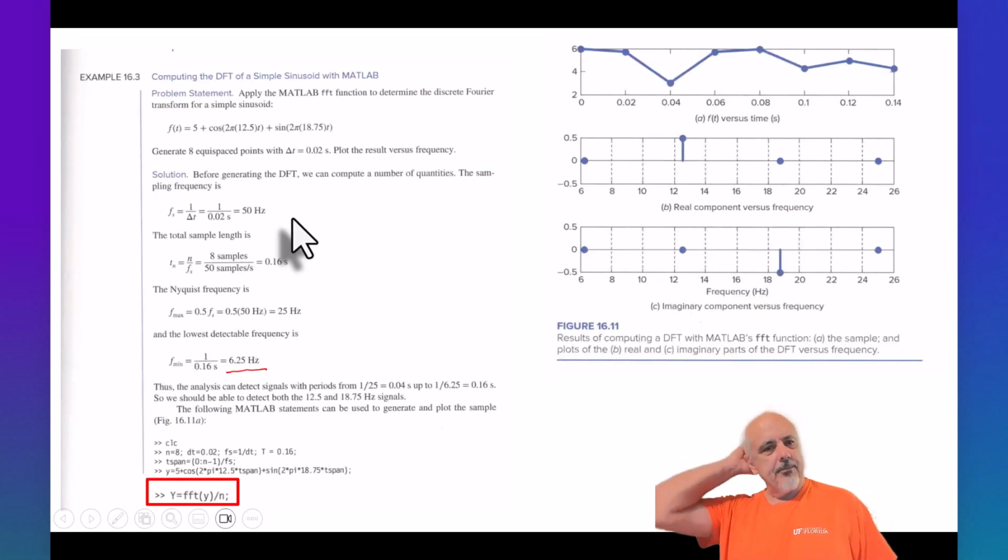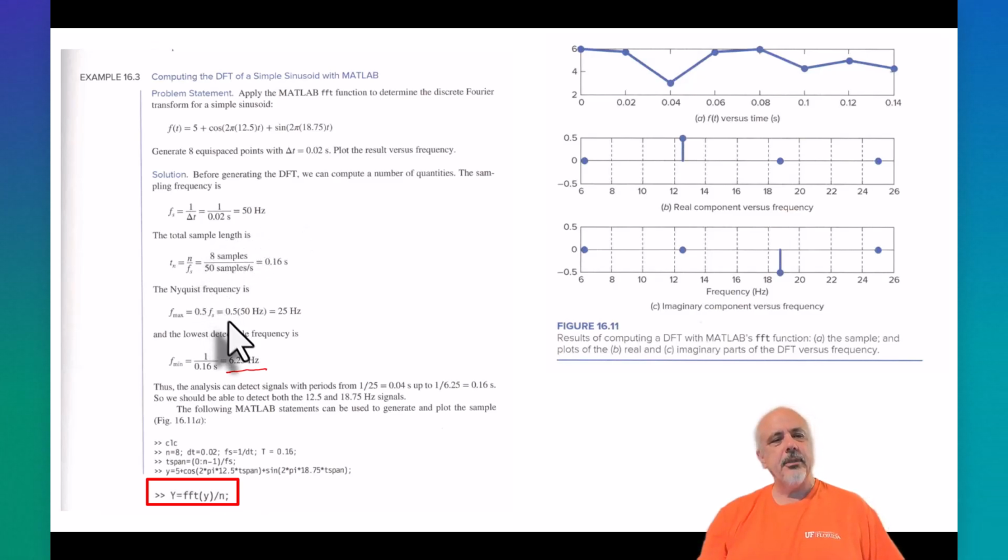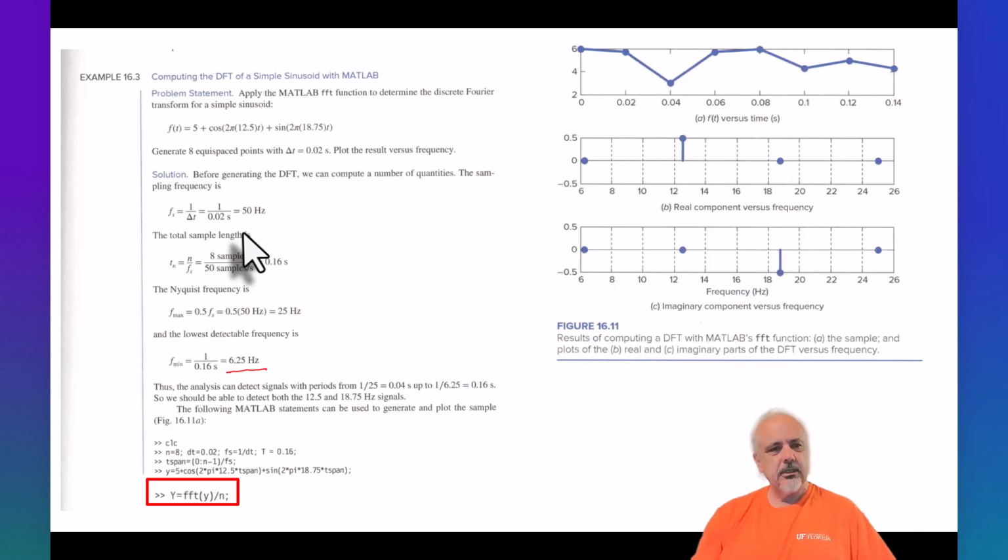So let's see what happens. Here's the book's example that I've been emulating here. Okay, so there's that example. It's set up so that the sampling frequency is 50 hertz, the delta t is 0.02.